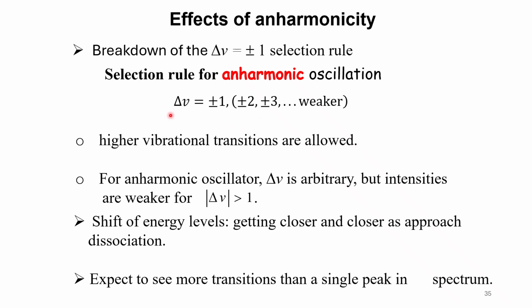So we will have delta v equals plus or minus 2 or plus or minus 3 or even higher, where higher vibrational transitions are allowed. For the anharmonic oscillator, delta v is arbitrary, but intensities are weaker for the transitions which involve a delta v higher than 1.